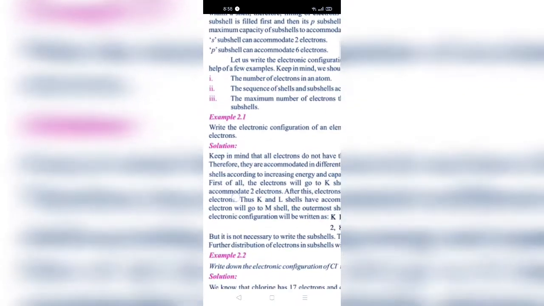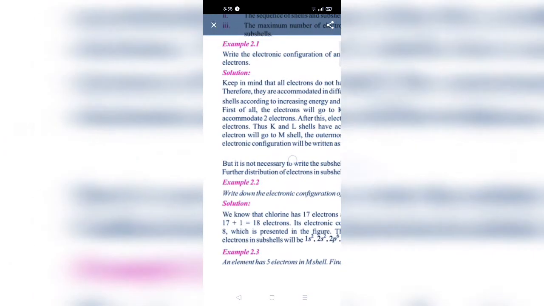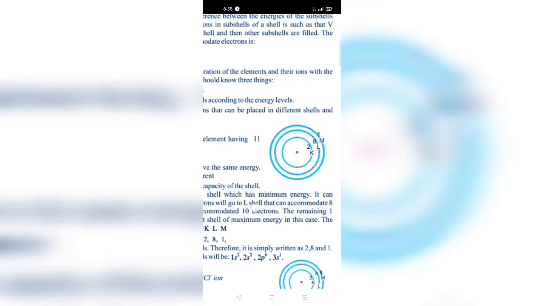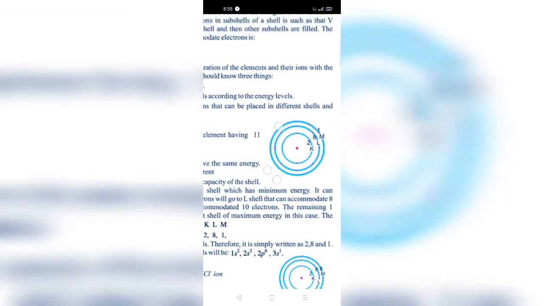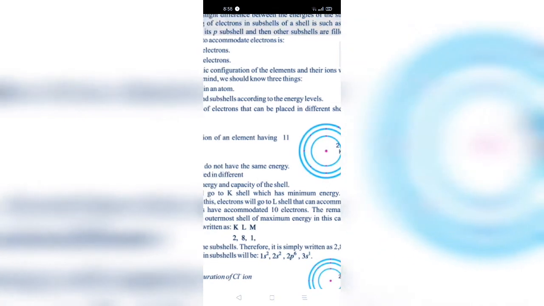Now, example: write the electronic configuration of an element having 11 electrons. First of all, if we write the electronic configuration in shells, we first draw the structure: in the first shell K has a maximum of 2 electrons, L has 8, and M, because it contains a total of 11 electrons, the 11th electron will be in the M shell, the main shell.